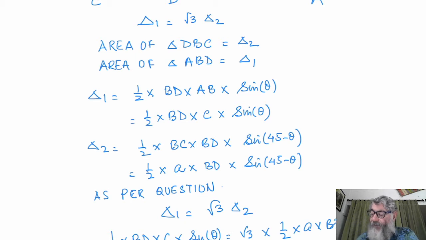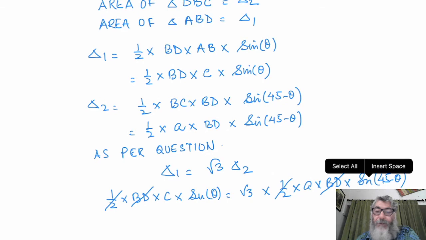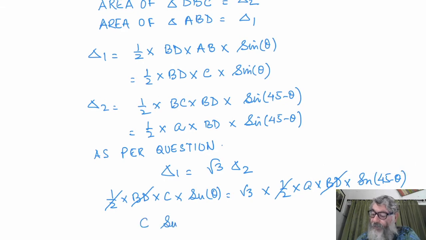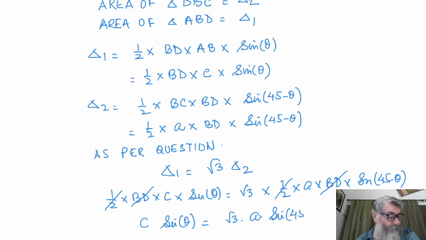BD will cancel from both sides, and half will cancel too. We are left with C sine theta equals root 3 A sine 45 minus theta.